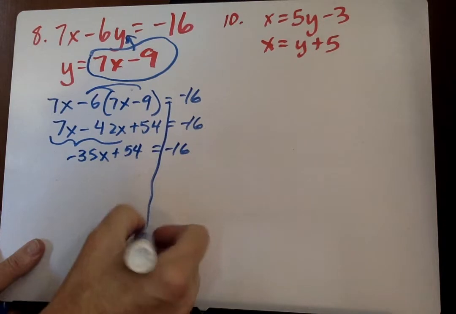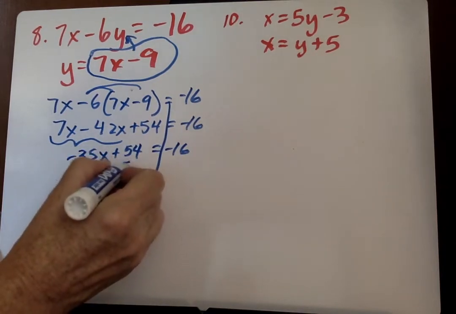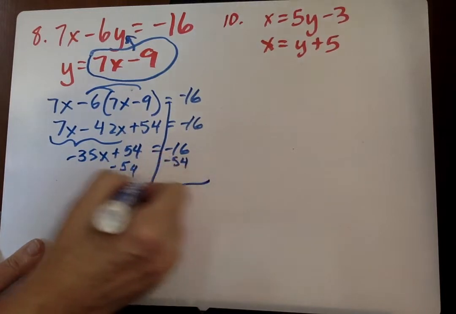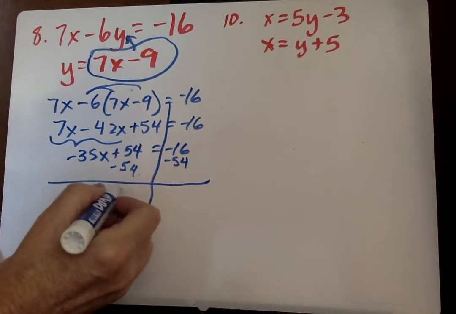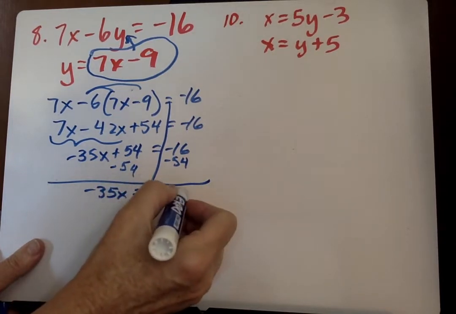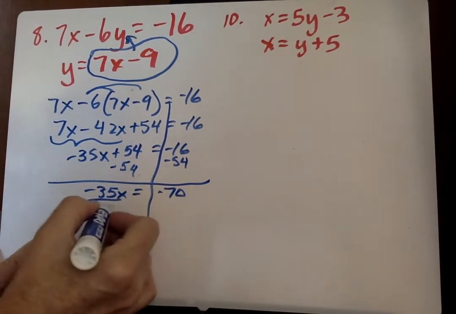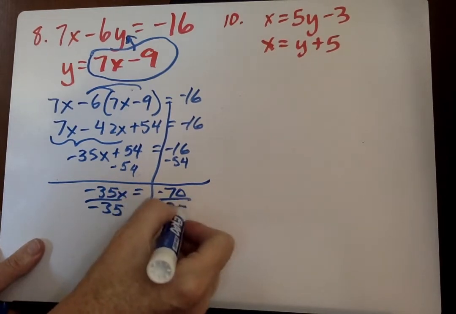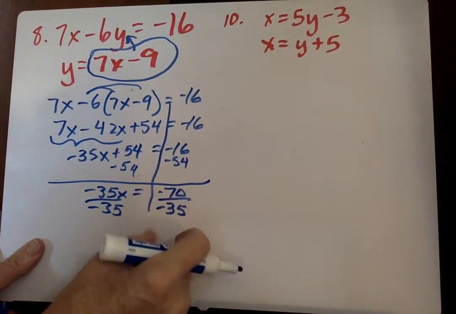Technically, I should draw a line down right there. Minus 54, minus 54, negative 35x equals negative 70. Divide by negative 35. And you can use your handy dandy calculator.